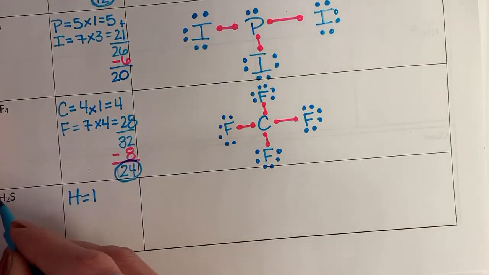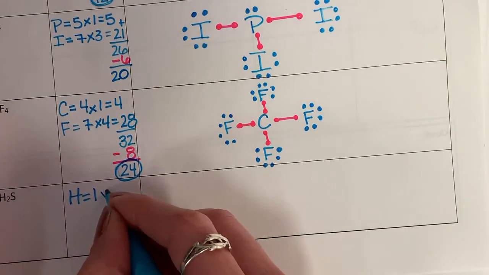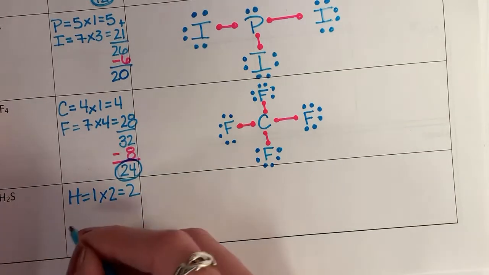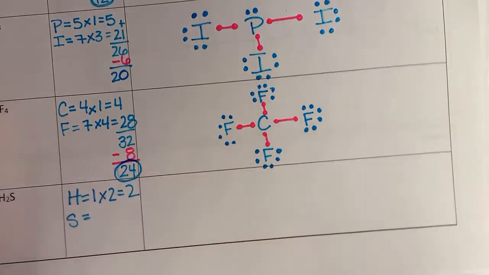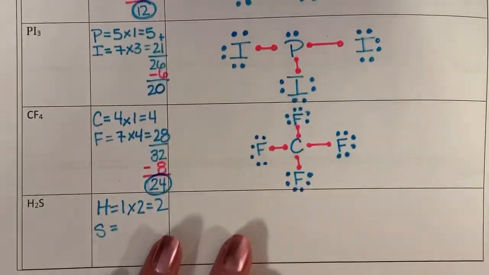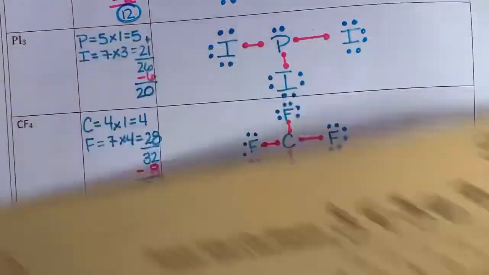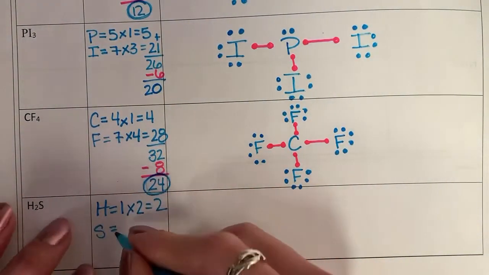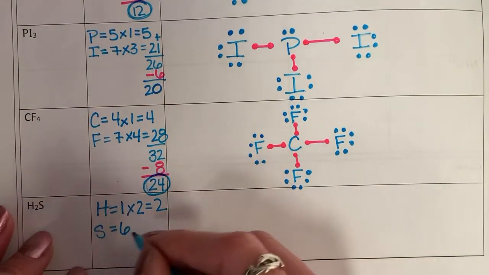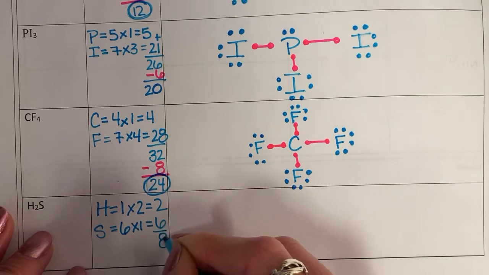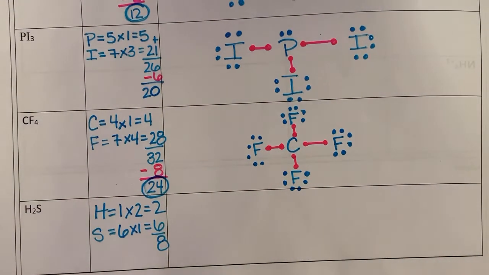Because the formula is H2S, I multiply that by 2. Sulfur has 6 valence electrons. There's only 1. So I have 8 electrons to work with.